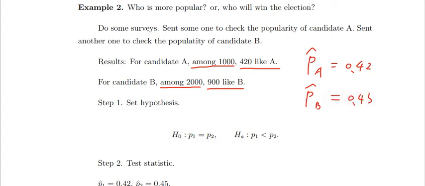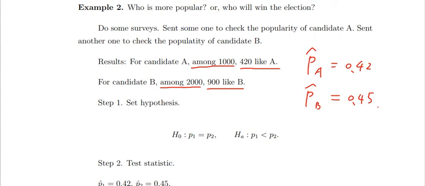So from our survey, we find B is more popular, by 3 points, more than candidate A. So we have evidence B is more popular.